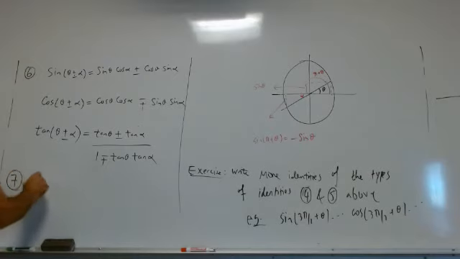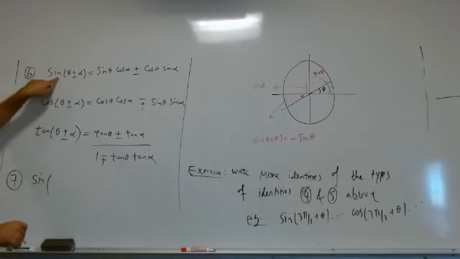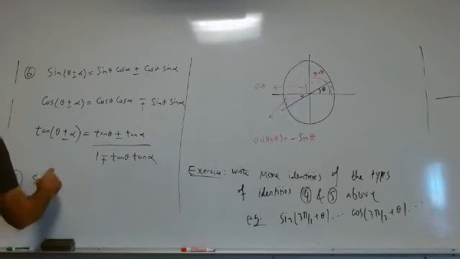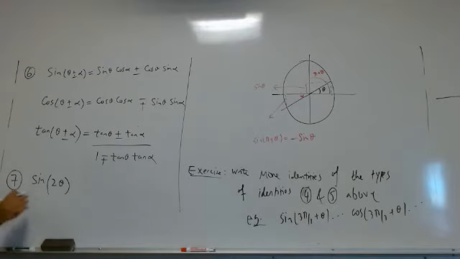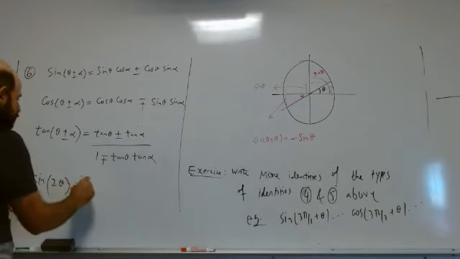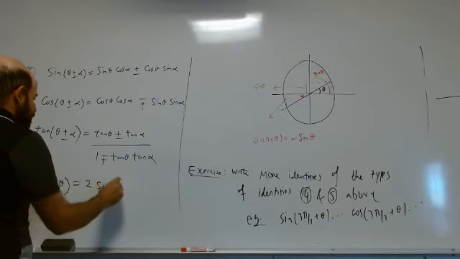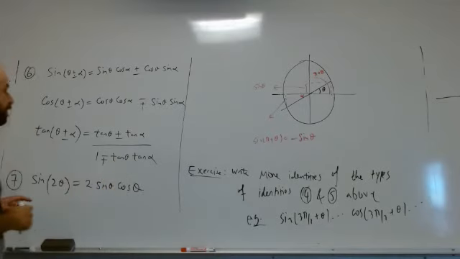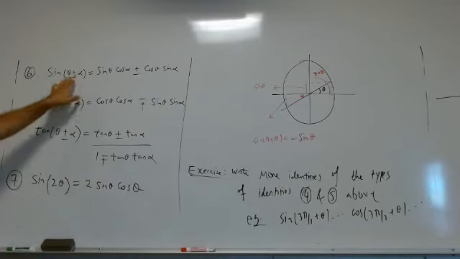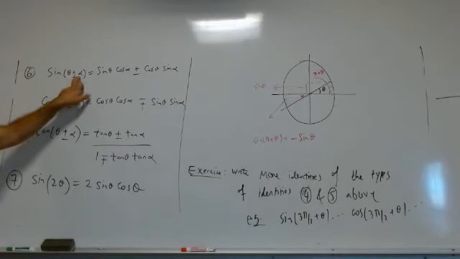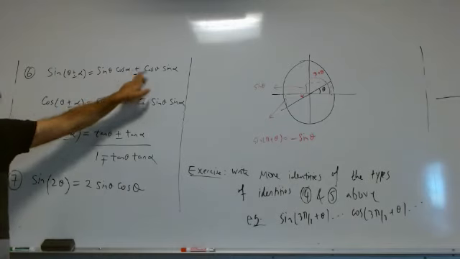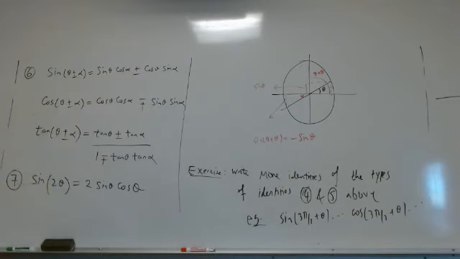Another identity, which is the immediate conclusion of 6: sine 2 theta. Sine 2 theta is 2 sine theta cos theta, right? You just need to equate theta and alpha, like sine of theta plus theta. 2 theta means theta plus theta, sine theta cos theta plus cos theta sine theta. Then you'll get 2 sine theta cos theta.